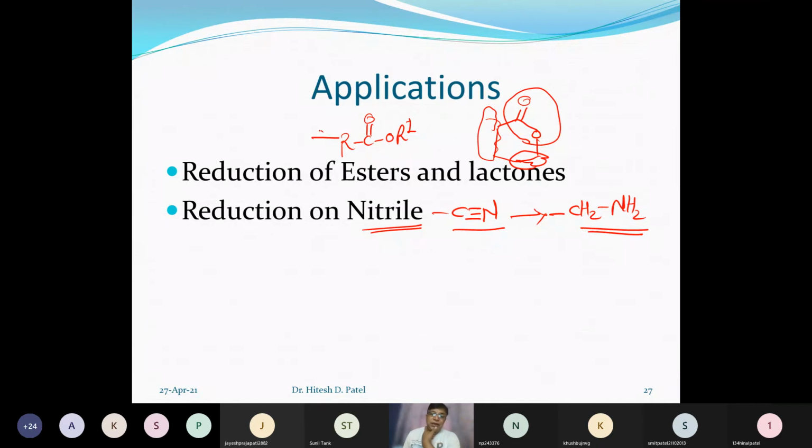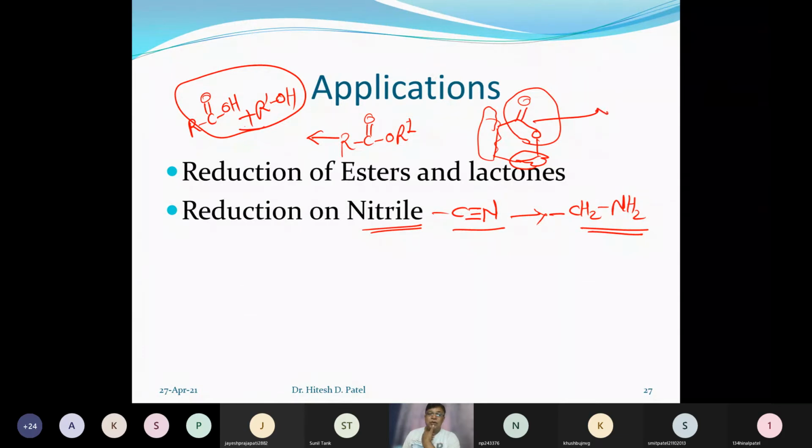Same way, if you have ester, then by treatment with some reagent we can convert it into RC double bond OOH plus alcohol, means acid plus alcohol. But if we use Dibal H, then different products will form.